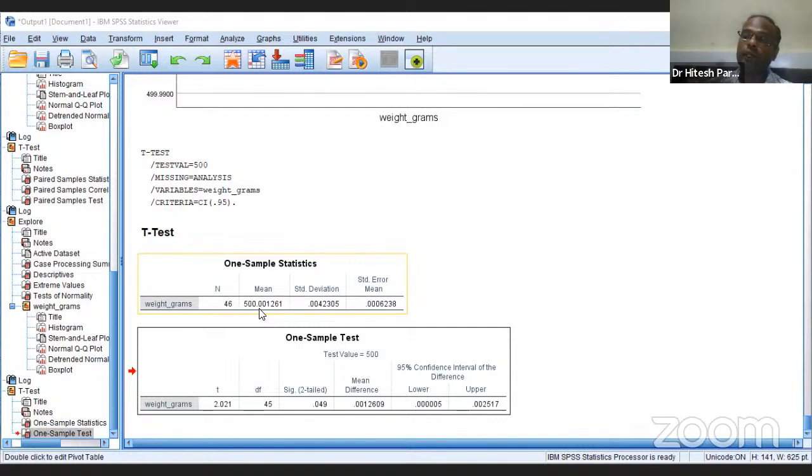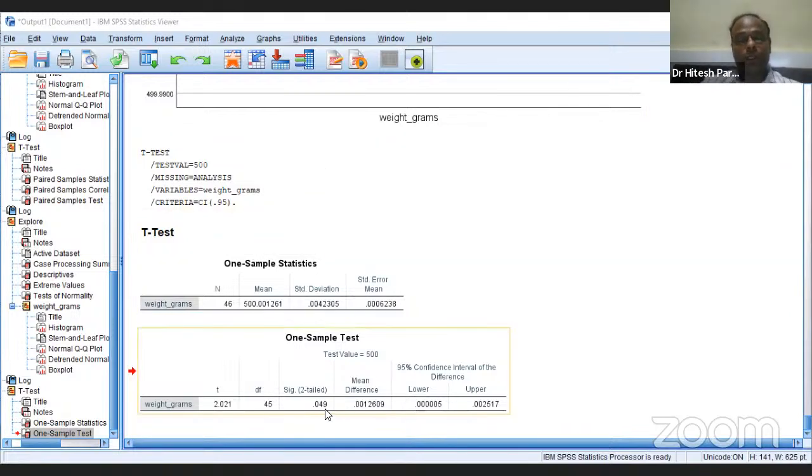But suppose the commodity is gold, then yes, it is a significant difference for the manufacturer. But if it is detergent, for example, then 0.001261 may not be significant for a manufacturer, right? But you have measured in such a way that automatically SPSS has considered it a significant difference. Is it clear, everybody? So here the conclusion is your sample mean is significantly different from 500.